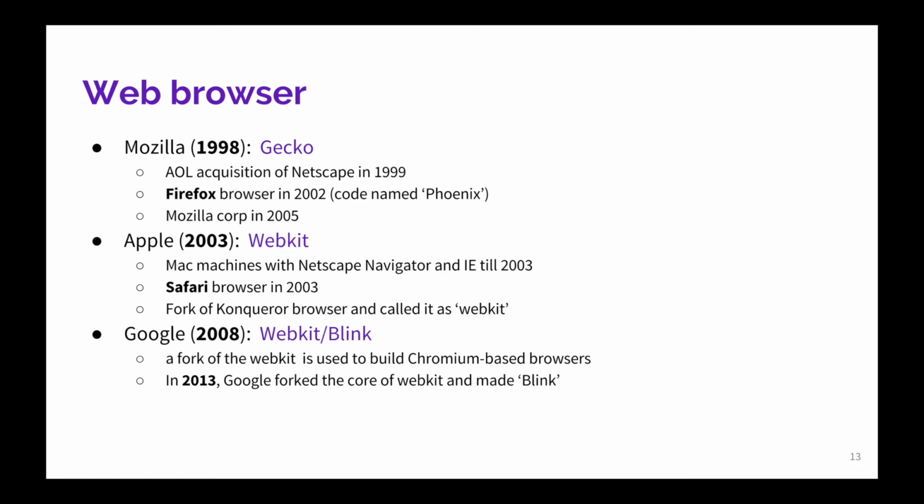So Gecko was there, Netscape's rendering engine. In 1999, AOL acquired Netscape. So in 1998 itself, they actually open sourced this Mozilla, and Mozilla started in 1998 itself, though the Mozilla Corporation was established in 2005.